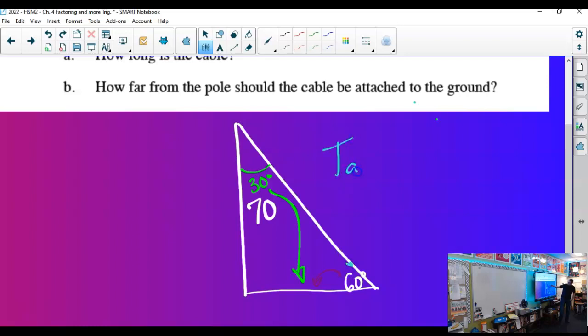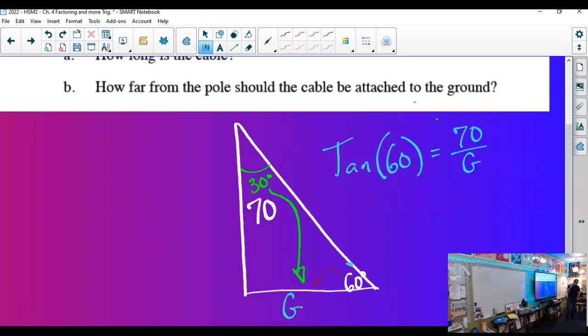So tangent of 60 equals opposite over adjacent. I'm going to call it G for ground distance. And then we swap those, right?